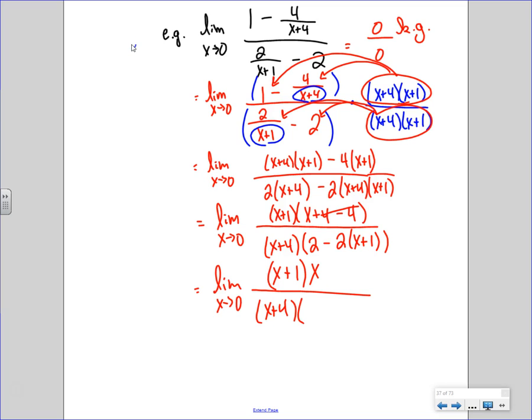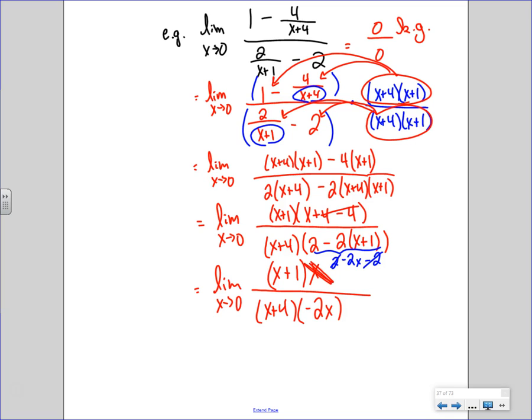This will be 2 minus 2. Oh, the 2's cancel. And then I get negative 2x from, you see them?